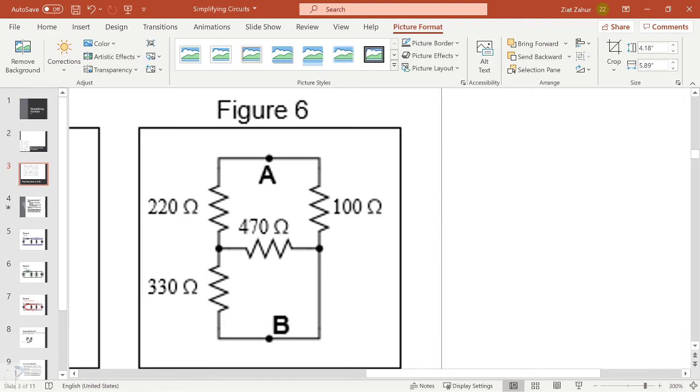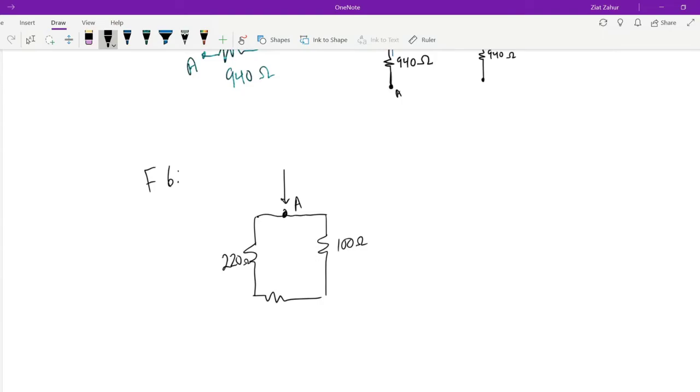All right. Let me go and redraw it. So we have the 220, the 100, the 470s in the middle. Okay, followed by a 330 hanging on the left side here. Okay, and then we have B.